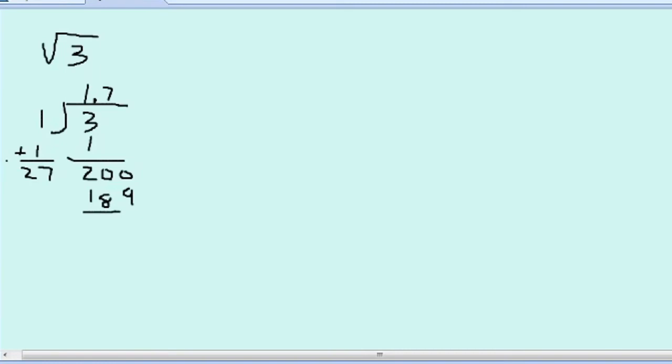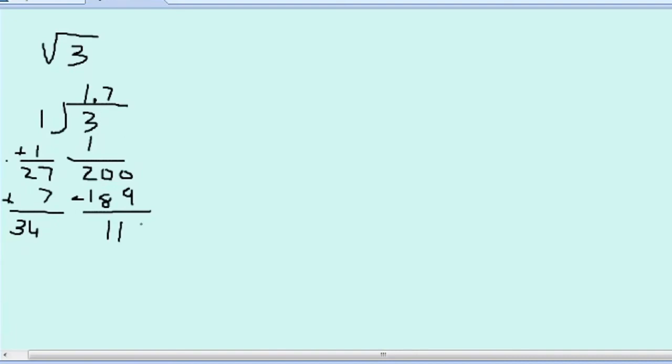Okay. Now 200 minus 189 is how much? 11. Okay. Here I have to add 7, the previous number which we have multiplied. So this becomes 34. Okay, 34. Now 11 is less than 34.